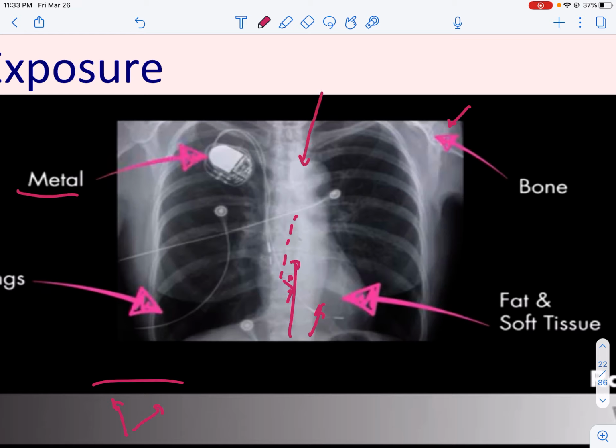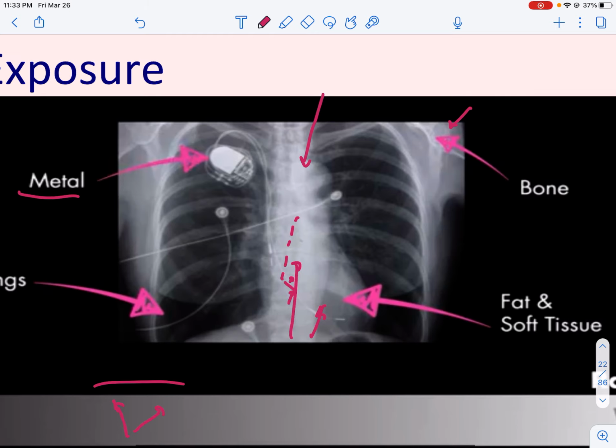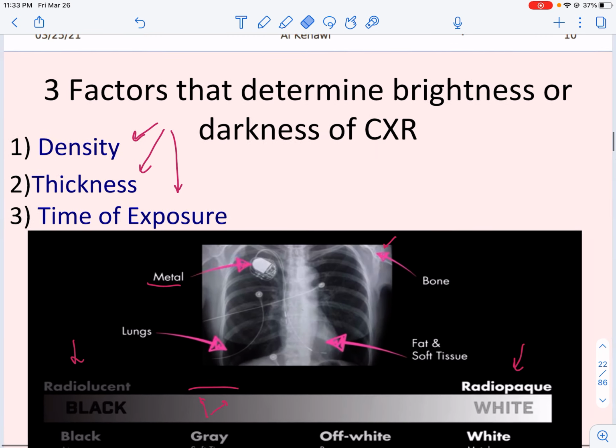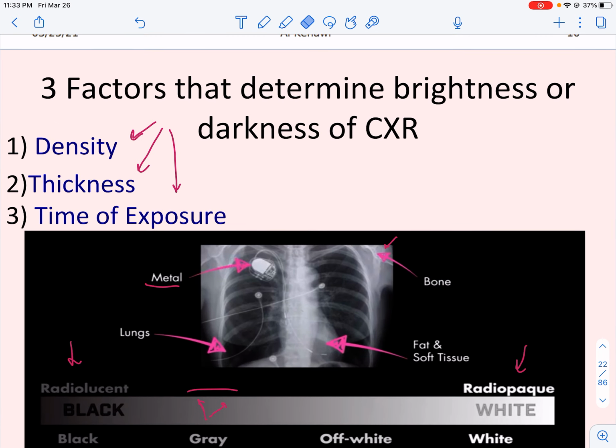The thickness can determine this: if there is a lot of structure, it's going to be brighter. As we see here, this bone is not as white as this structure. And why? Because here there is just the scan, then the lung, and there is not a lot of structure, no vertebrae and all of that. So thickness also plays an important part in determining the darkness or brightness of the chest X-ray.